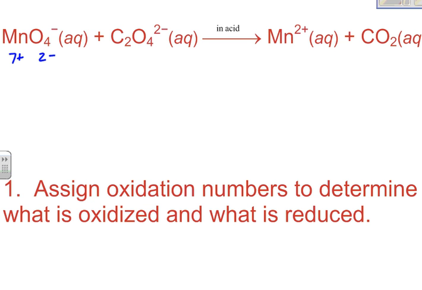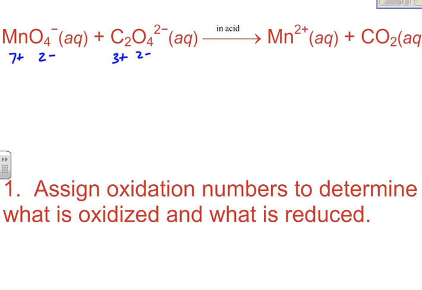And then if we look at the oxalate ion, if we go with 2- for the oxygen, there are 4 of them, that's 8 minuses. We want it to be overall a 2-, so that means the 2 carbons have to total 6+. So each carbon is going to be a 3+.